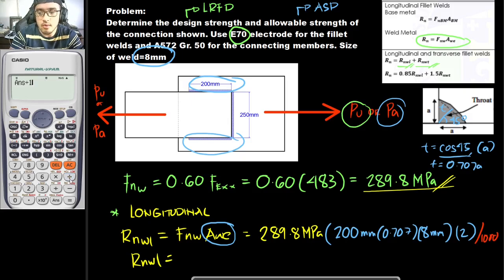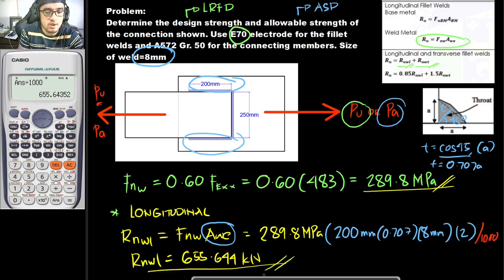Divided by 1000, that is 655.644 kilonewtons. So that is for the longitudinal welds.